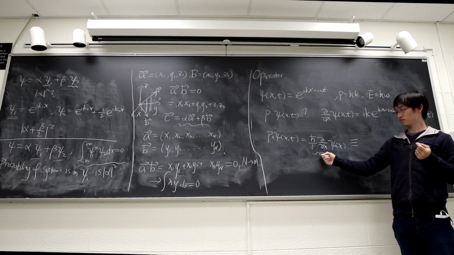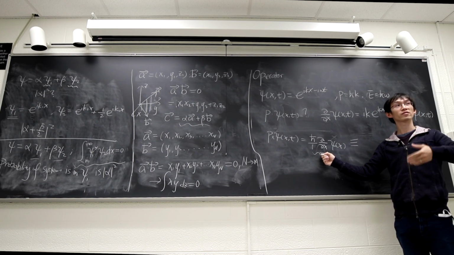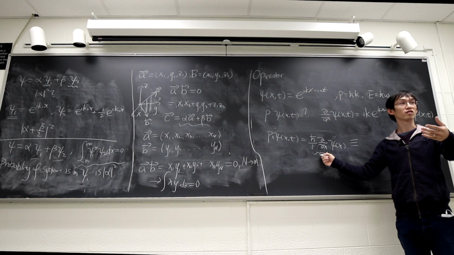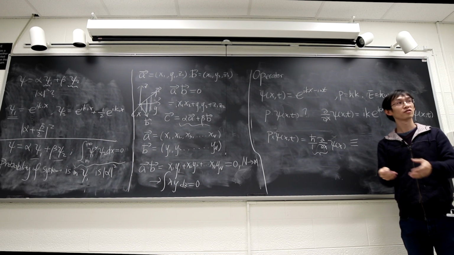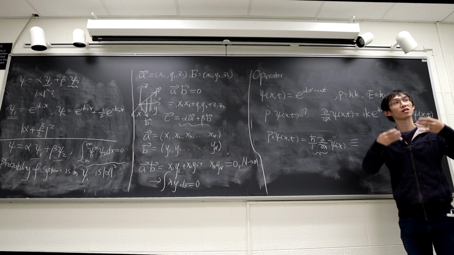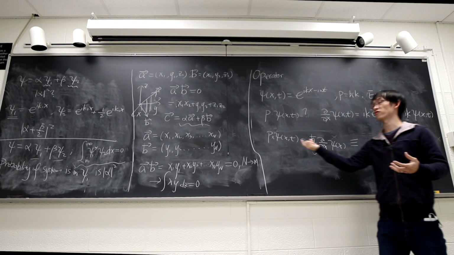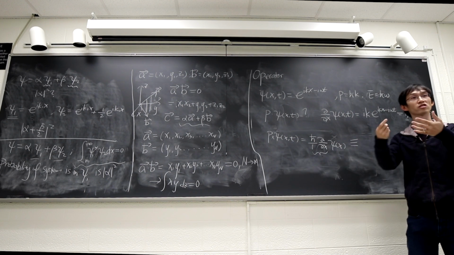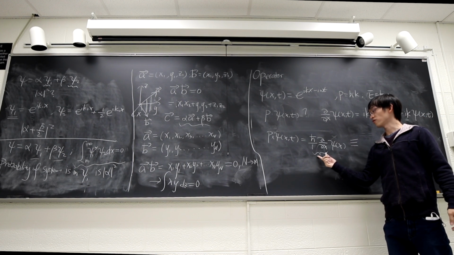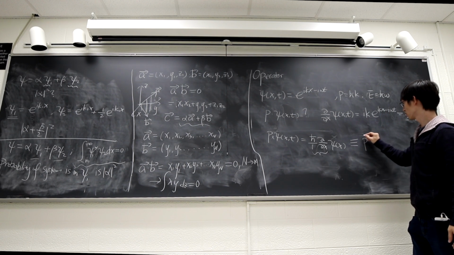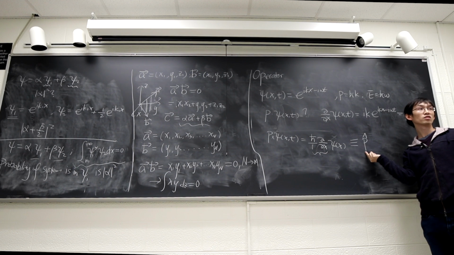Since this derivative is an operation on your wave function, right? You can do integration, you can do a derivative, you can do a second derivative. All of these are things you can do on a wave function. So we call this an operation. So people define this part as a momentum operator.